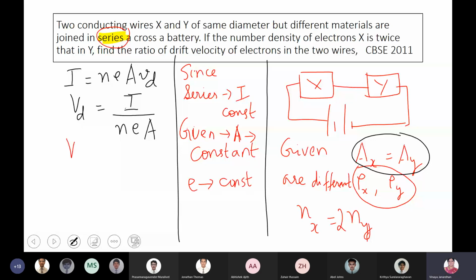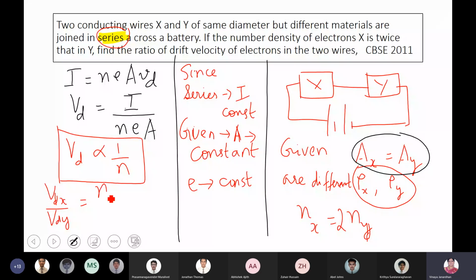So then VD is inversely proportional to N. Then how will I write, boys? VDX by VDY will be equal to NY by NX. Is it NY by NX? It's a reciprocal. It's coming in the denominator.